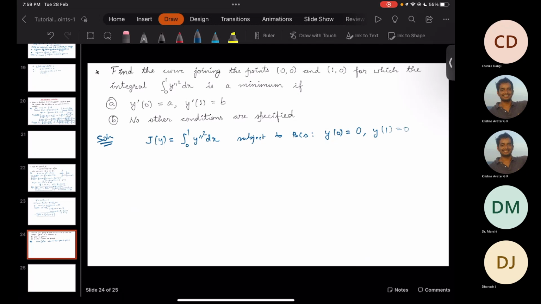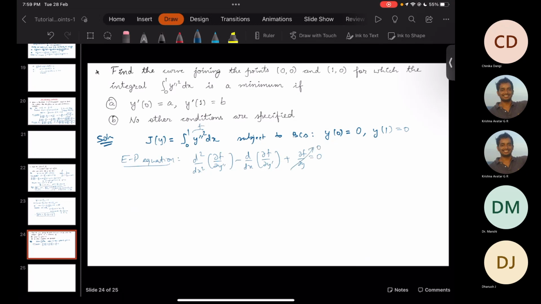Let's derive the Euler-Lagrange equations. So in this case, since it's a double derivative in y, we'll have the Euler-Poisson equation, which is given by, let's call this f, d squared by dx squared of del f by del y double prime minus d by dx of del f by del y prime plus del f by del y is equal to 0.